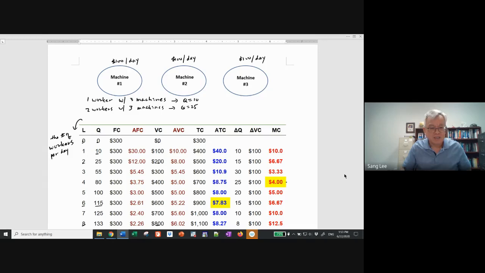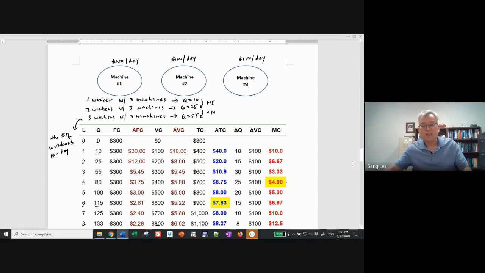Now, if you hire 3 workers and produce even more output, so here, when 3 workers are combined with 3 machines, output is increasing even faster. Output increased first by 15, and then output now increased by 30 here. How is that possible?